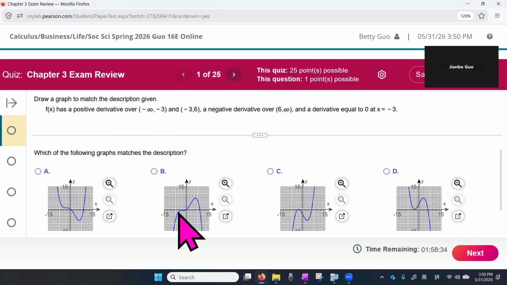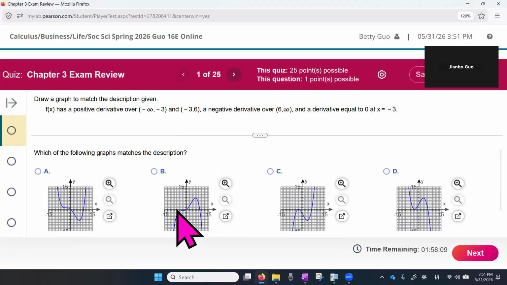So let's see which graph matches the given conditions. Increasing from negative infinity to negative 3. This one's out. Increasing, this one's out. So we're going to look at B and C. Increasing from negative infinity to negative 3.